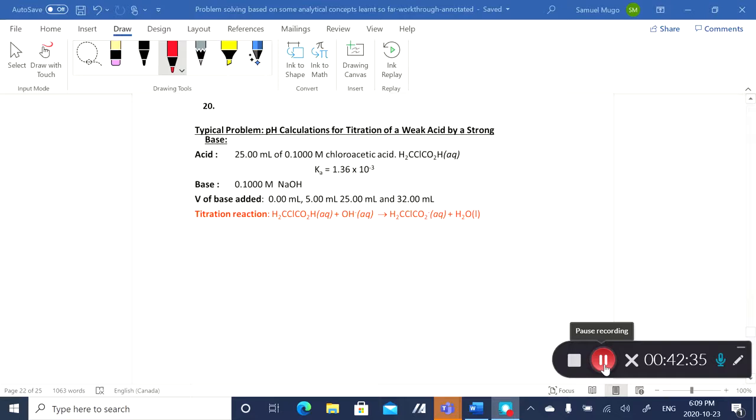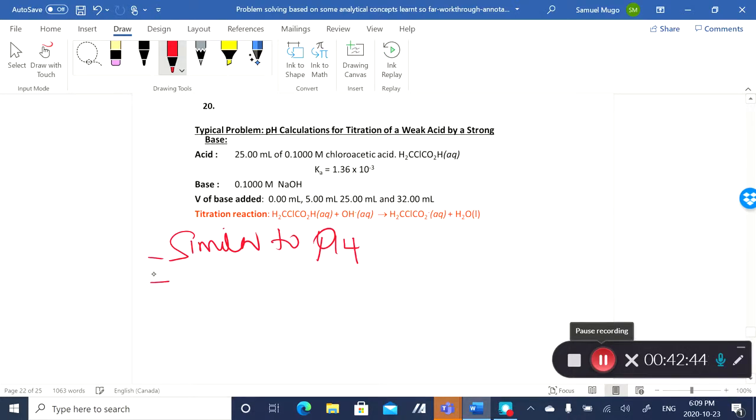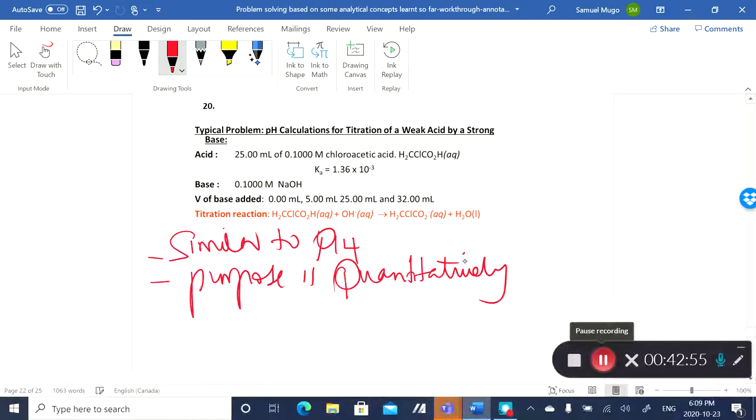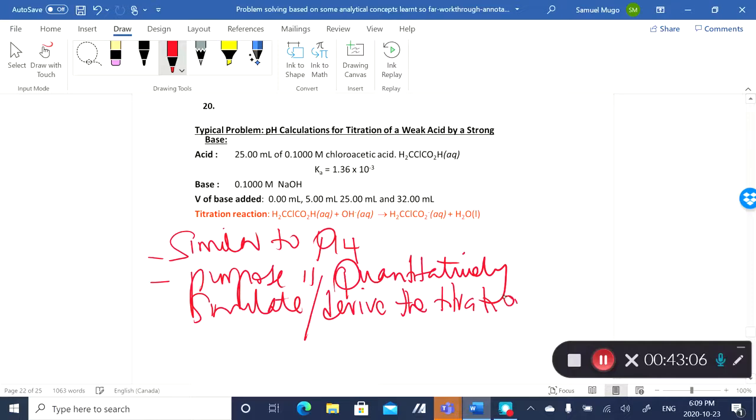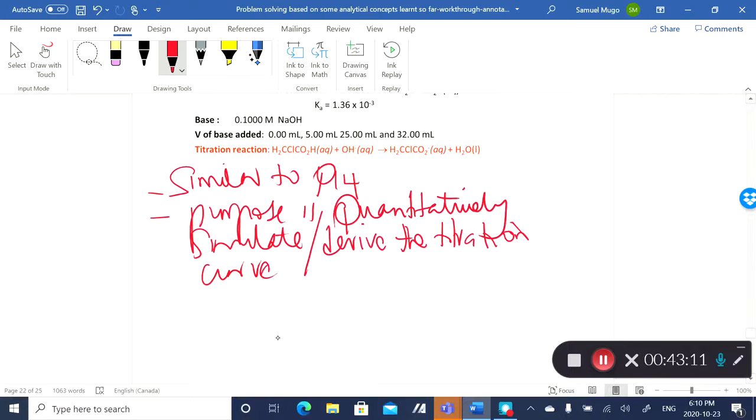You can see it's very similar to question number 14, because the purpose of this problem is for you to quantitatively simulate, or even derive, the titration curve. And that way you see the chemical entities that are taking place in this problem.